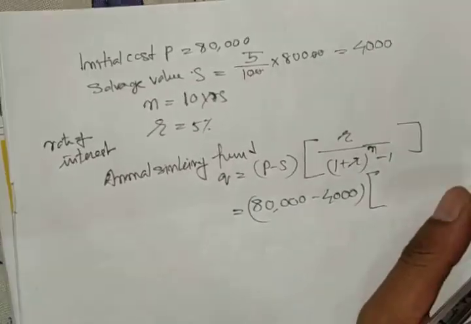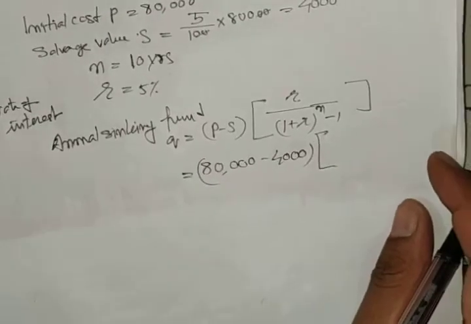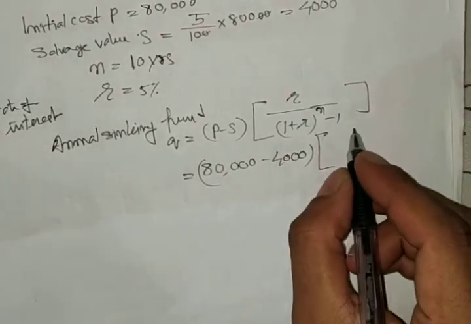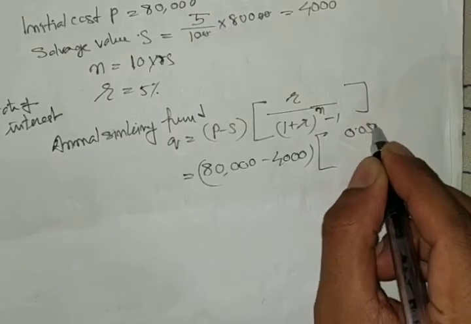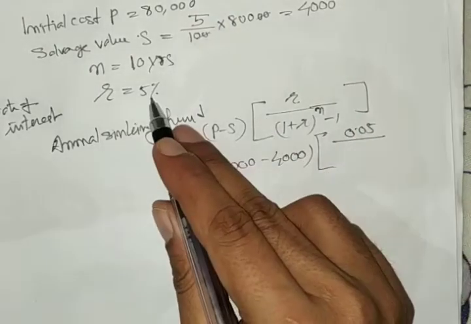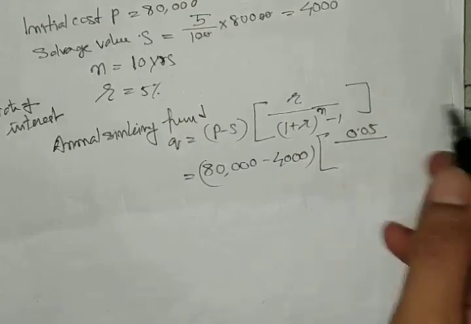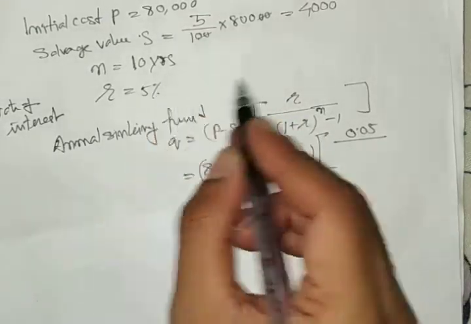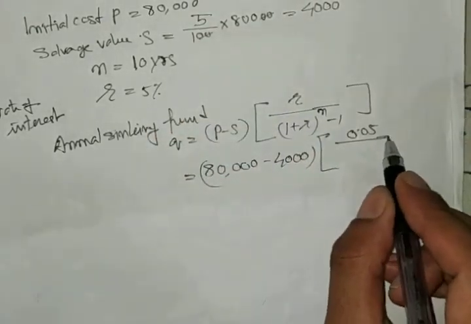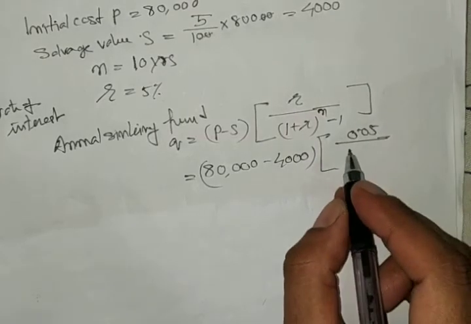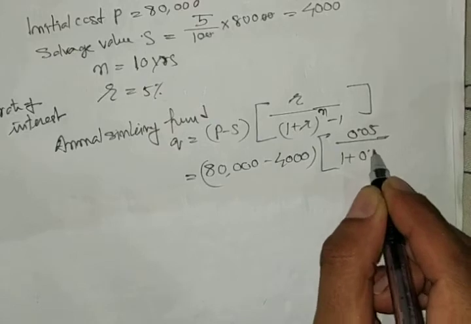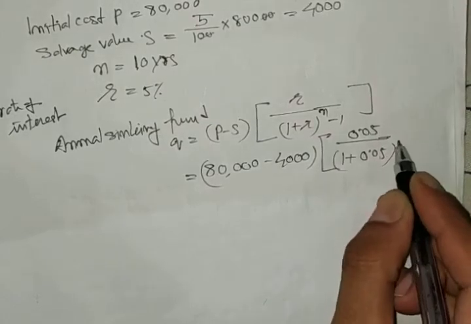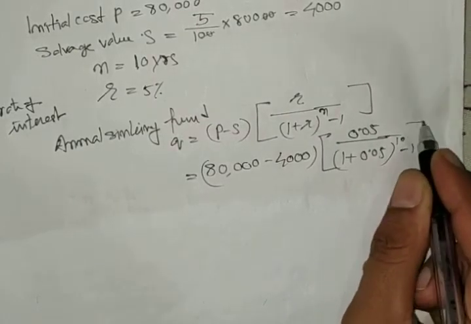R will be 0.05, because it is 5%, so R in terms of decimal is 0.05. And this is (1 plus 0.05) to the power 10 minus 1.